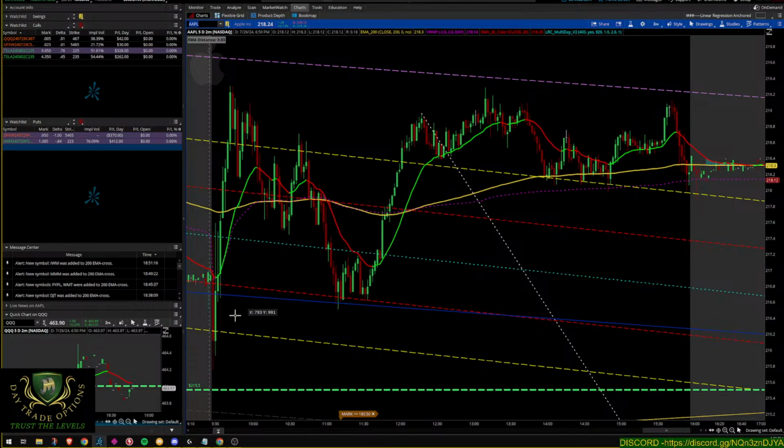If they blast up off of that like this did, and granted this went way up and closed way back down, but then after this you could have taken that candle right there, 200 EMA cross and up, for a breakout move above the 20 EMA. Man, that would have been so nice. Scale out here, take profit on this drop. You're walking away and you're done for the day. That was a huge move on Apple.